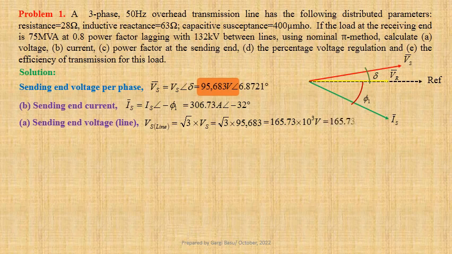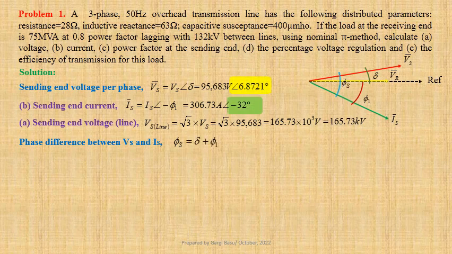or 165.73 kilovolt. Phase difference between Vs and Is, phi s equals to delta plus phi 1. Using values we get 6.8721 degree plus 32 degree, that gives us 38.8721 degree.